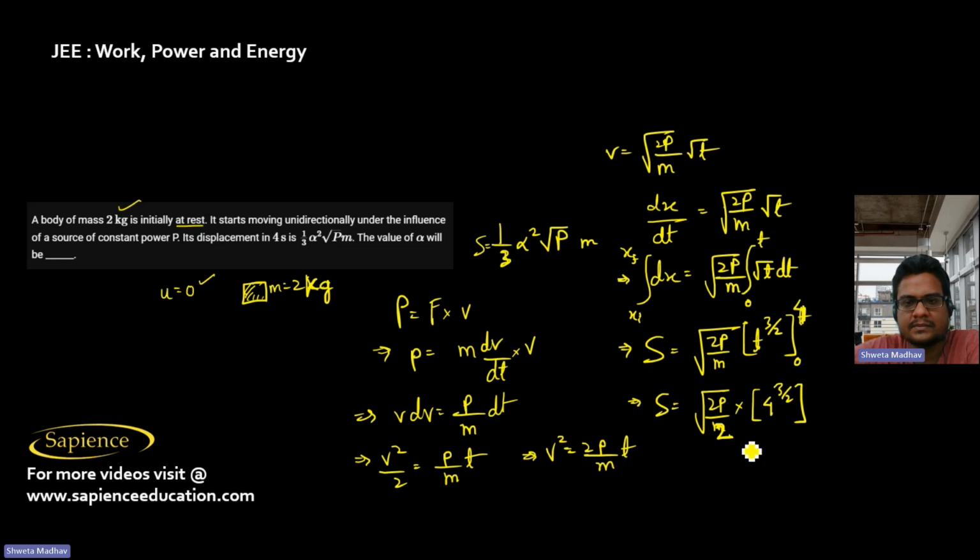That is root p into 2 power 2, so 2 power 3, so now this is 8. So 8 root p is equal to 1 by 3 alpha square root p.